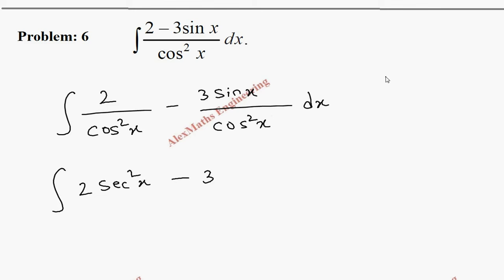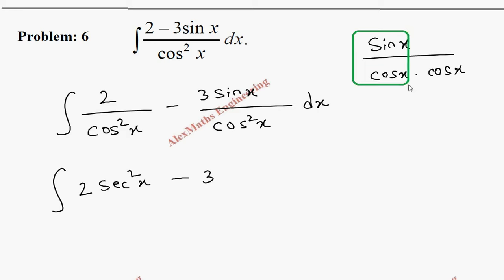This sin by cos square can be written as sin x by cos x into cos x. So this part will become tan x and the remaining is secant x. So I can write this as 3 tan x and 1 by cos x is secant x and dx.